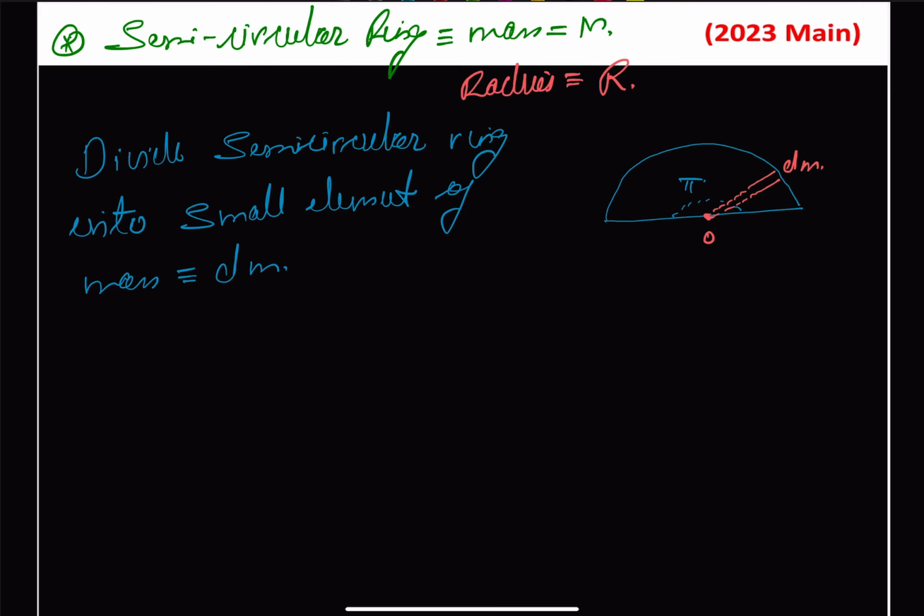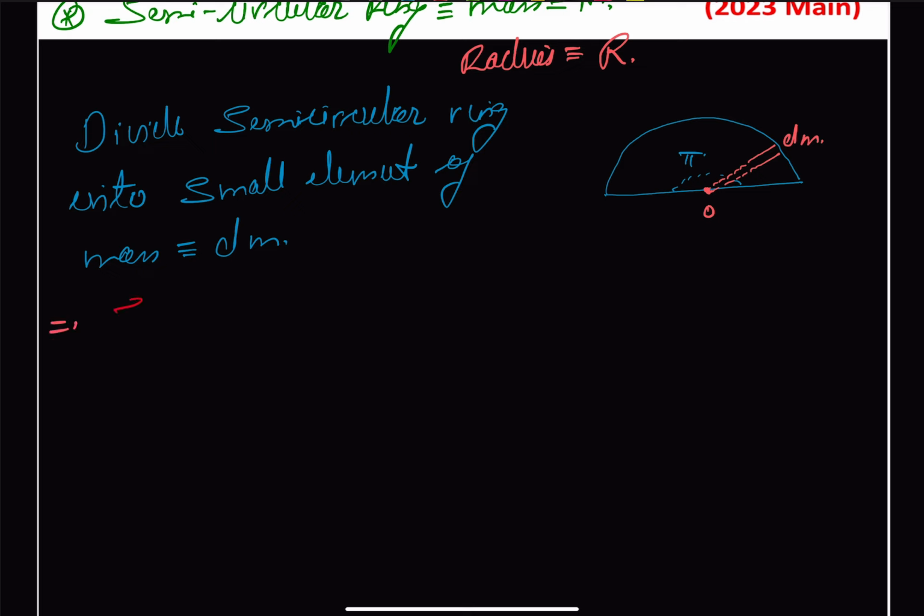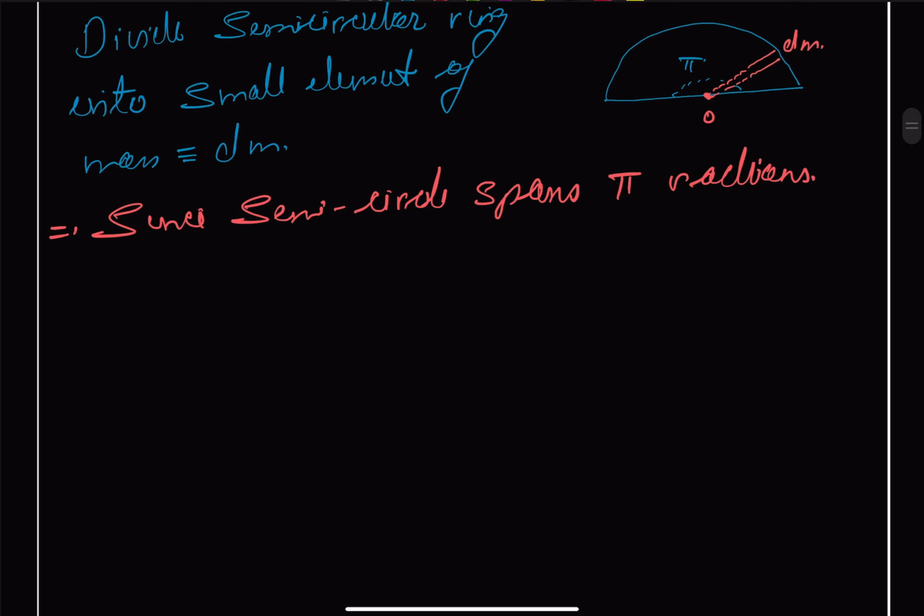So from here we can write that since semicircle spans pi radians, therefore mass per unit angle, let us suppose that is our lambda, will be equal to total mass divided by total angle.